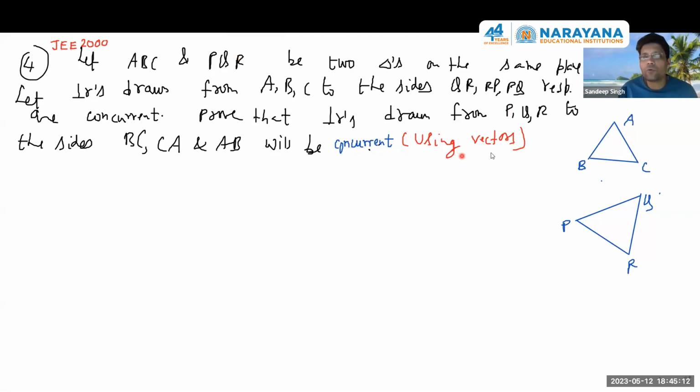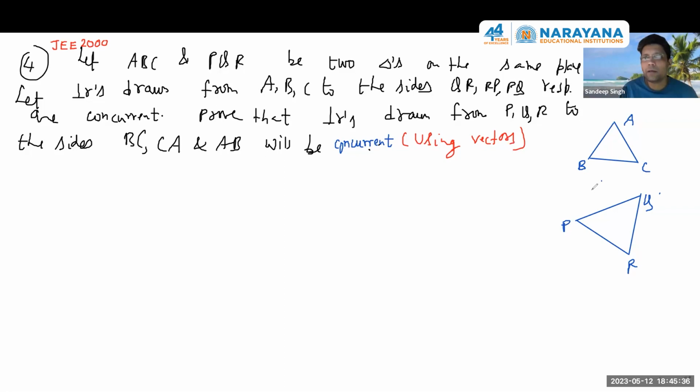Using vectors you have to do it. So what do you do in vectors? Assign vector notation. Yes, position vectors. That was what I was asking. Without loss of generality, I want to assume the origin of vectors. So where do you think I should keep the origin? That will be best: the concurrent point.